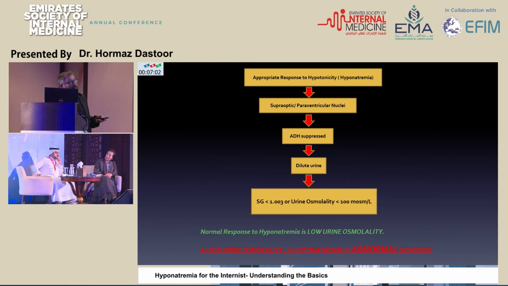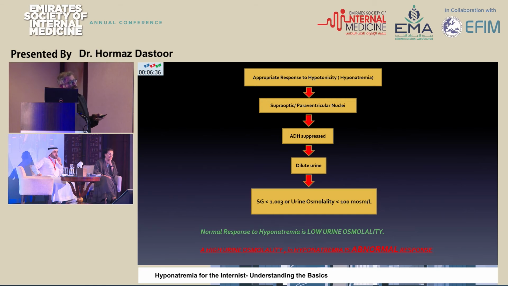And ADH suppression can be measured in 2 ways. Number one is you can send off a lab test to France or the US, and you can wait for 2 weeks for the ADH level to come back, or you can measure it indirectly by checking the urine osmolarity or the specific gravity. So ADH suppression is usually reflected in a urine osmolarity less than 100 milliosmoles.